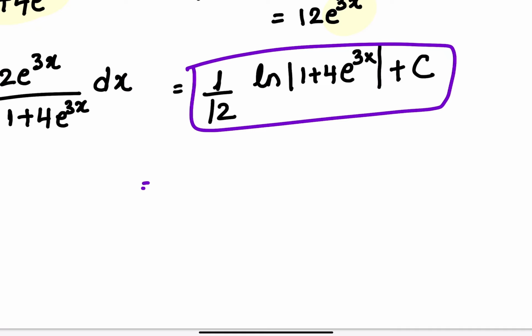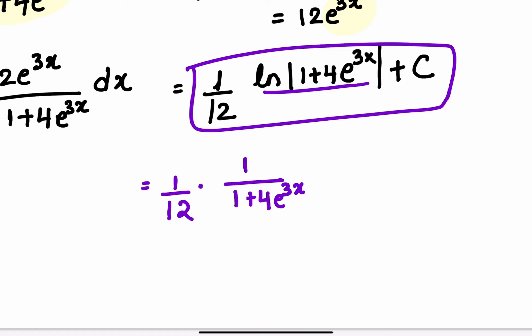So the derivative is 1 over 12. Derivative of ln x is 1 over x. So the derivative of ln of 1 plus 4 e to the power 3x is 1 over 1 plus 4 e to the power 3x times the derivative of 4 e to the power 3x, which is 4 times e to the power 3x times 3.